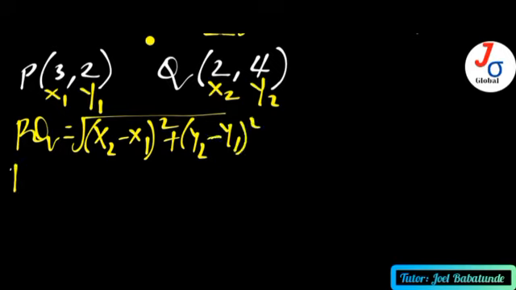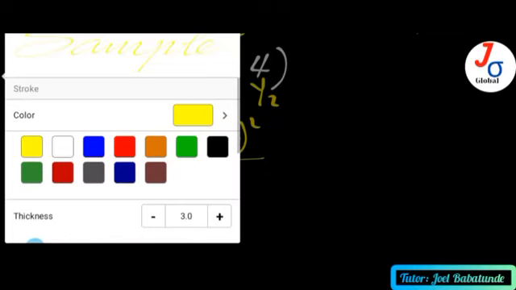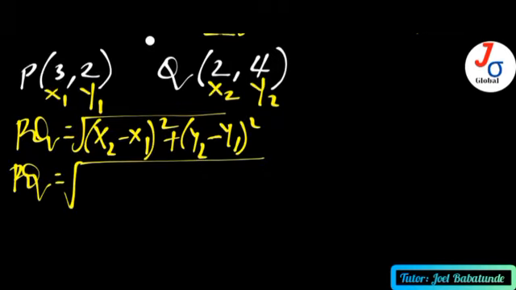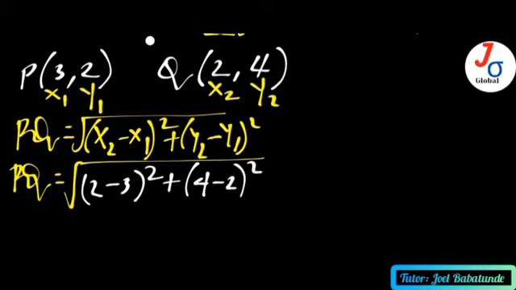Okay, so then the length of the line PQ is going to be square root of what? What's the x2? 2, minus x1, which is 3, squared, plus what's your y2? 4, minus what's your y1? 2, squared.